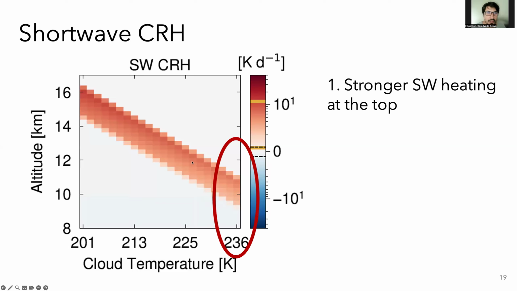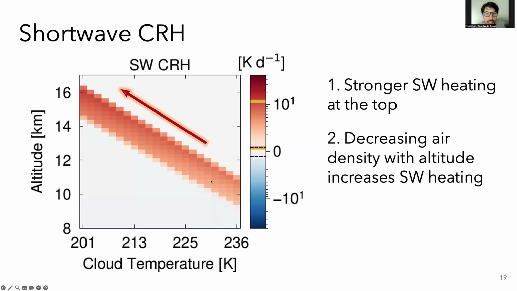But the most interesting thing about this matrix visualization is you can see what happens when, for example, I transport the cloud to a higher altitude or lower temperature, and you can see how the heating rate profiles start to change, reaching a maximum at colder temperatures.